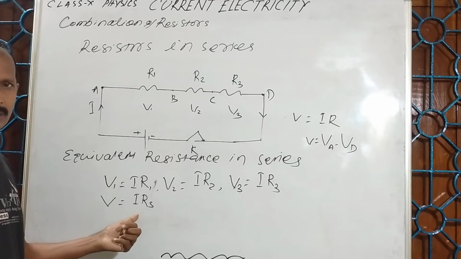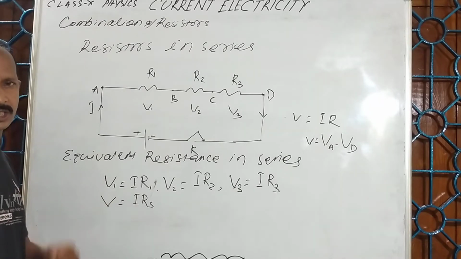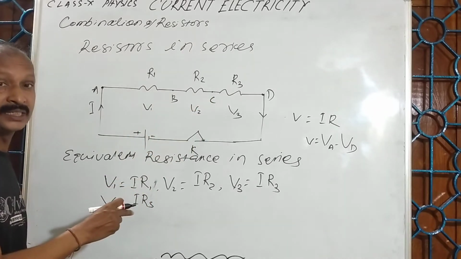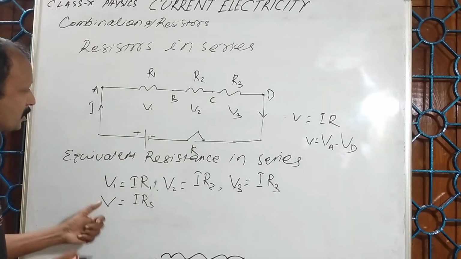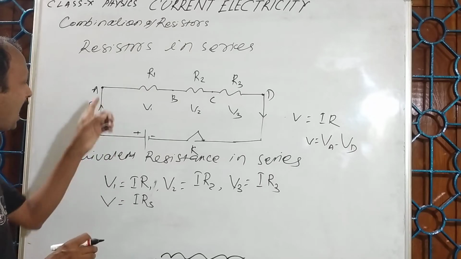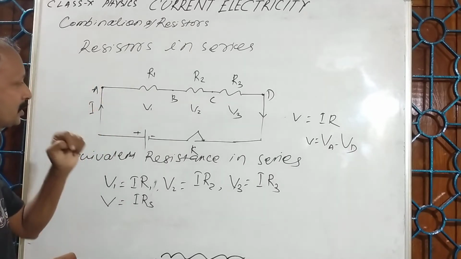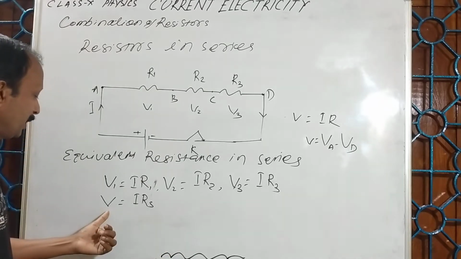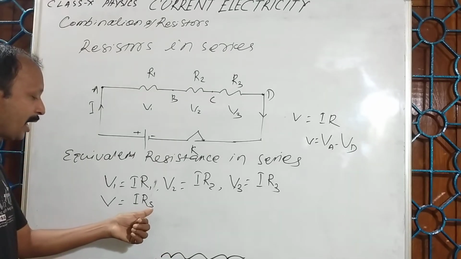RS is the resistance when the resistors are connected in series, and V is the potential difference across the ends between the points A and D. So I have written V equal to IRS.